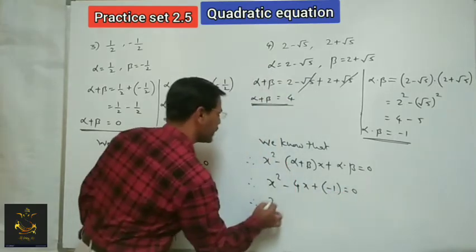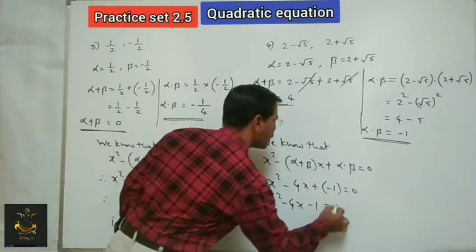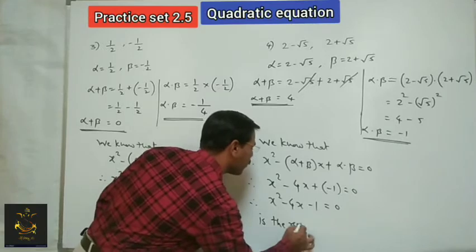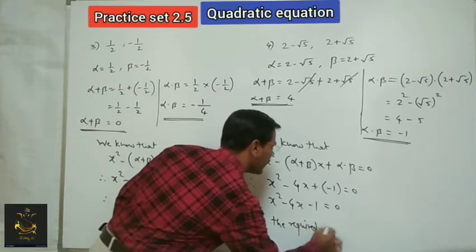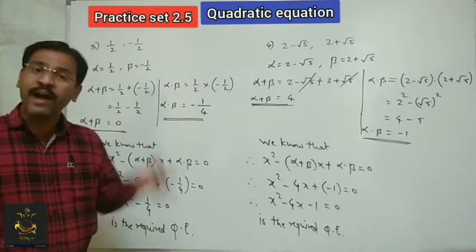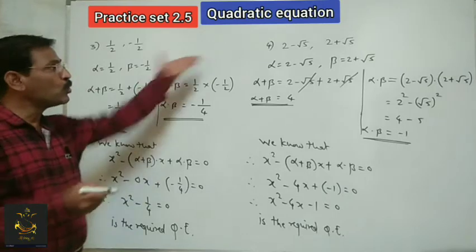So in the next step, we'll write x square minus 4x plus minus 1 equal to 0 is the required quadratic equation. Like this, we can form the quadratic equation by using two roots.